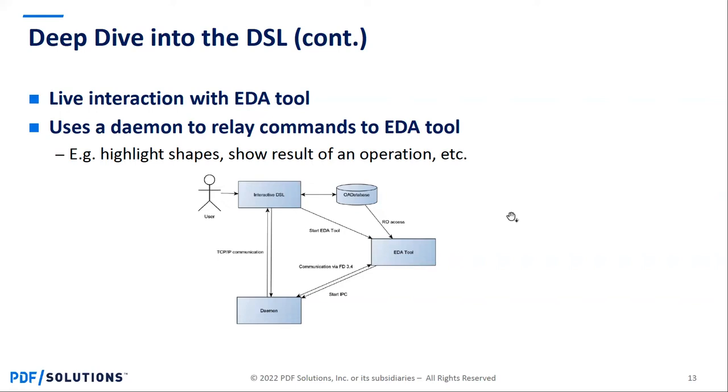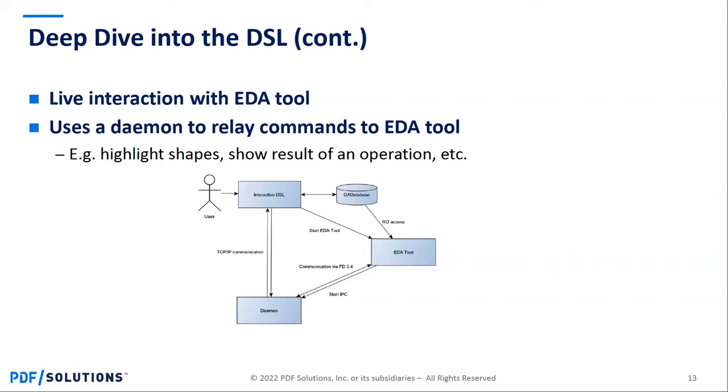And for those of you who are not familiar with that, under Unix you have essentially 4 of these file descriptors. It's 0, 1, which is your standard in, your standard out, and standard error, and then 3 and 4, which some tools use, like this EDA tool uses them to communicate with these IPC processes.